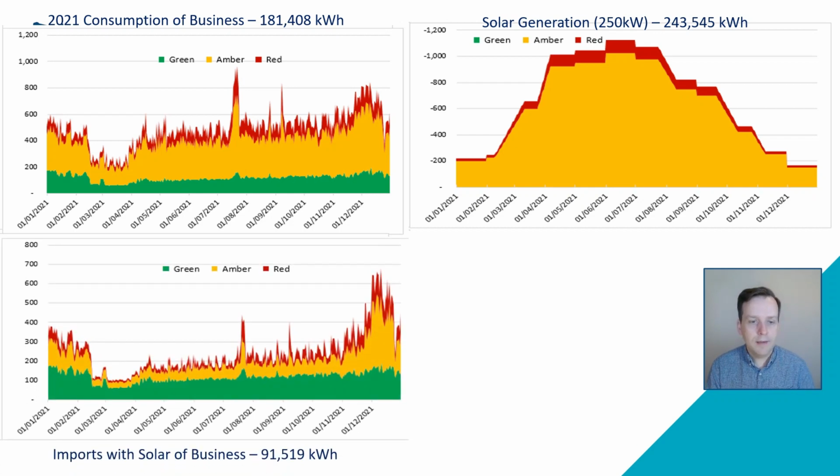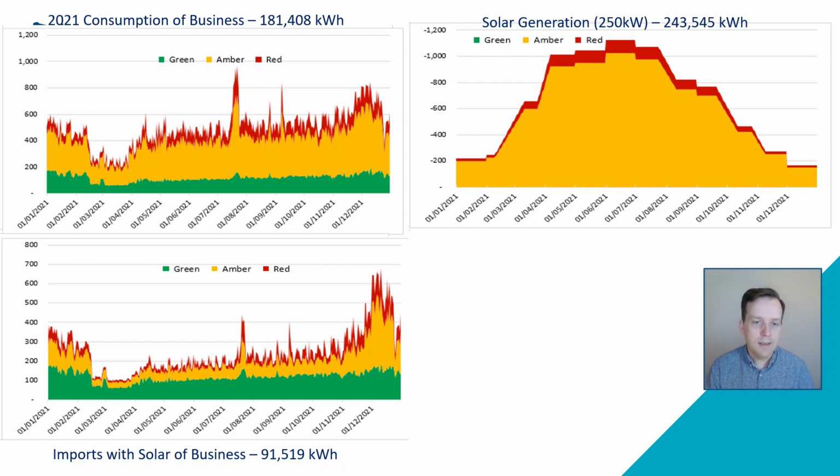So with this generation and this consumption, adding them together, so bear in mind we have negative here, consumption is a positive number, so adding the negative to the positive, we have this chart.